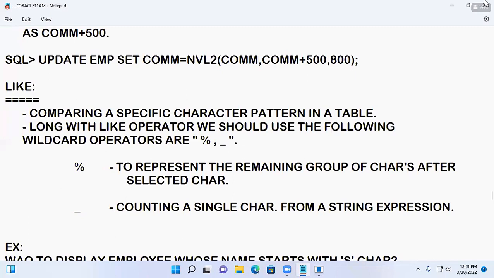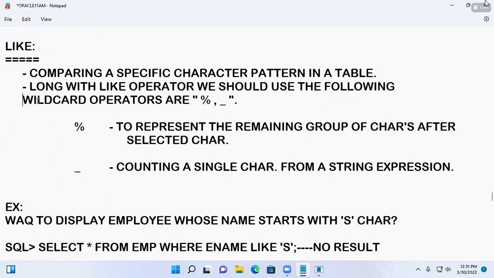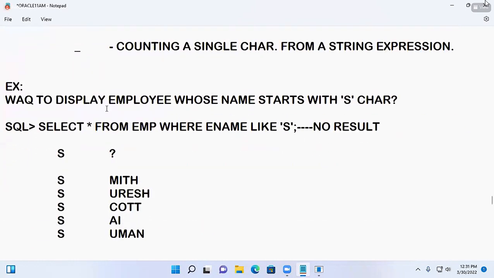Okay. So these are the two symbols, guys, and these symbols are called wildcard operators. And the percentile, its purpose, what it will do means it represents the remaining group of characters after the selected character. Now, for example, in this example, I said starting character with S. So that means S is called the selected character now.